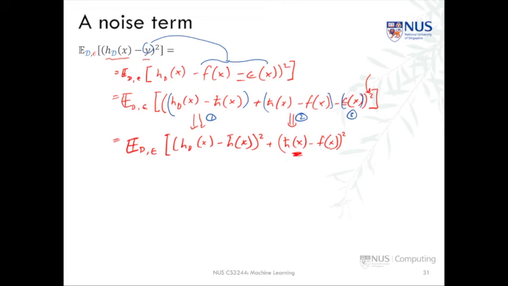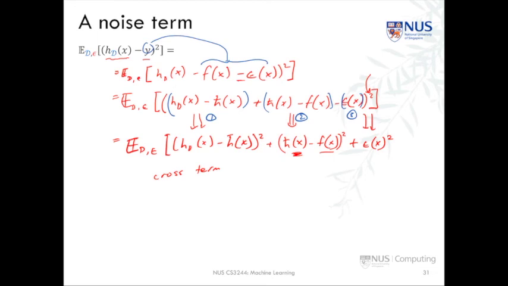We need to find the best possible hypothesis against the target function itself. I'm going to take 2 copies of the last term. This is our epsilon, our stochastic noise, squared. And we have a bunch of cross terms, which are going to take some mixture of all of these terms.